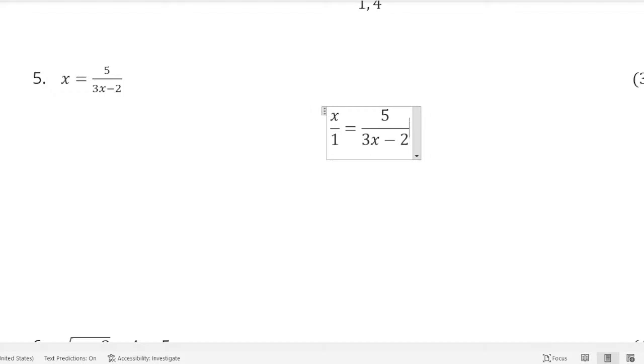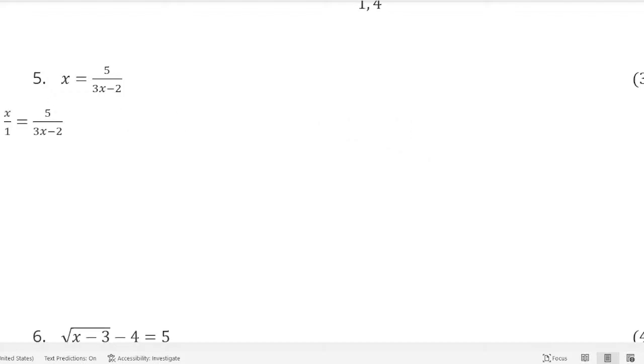So what is our lowest common denominator, our LCD, lowest common denominator or lowest common multiple?